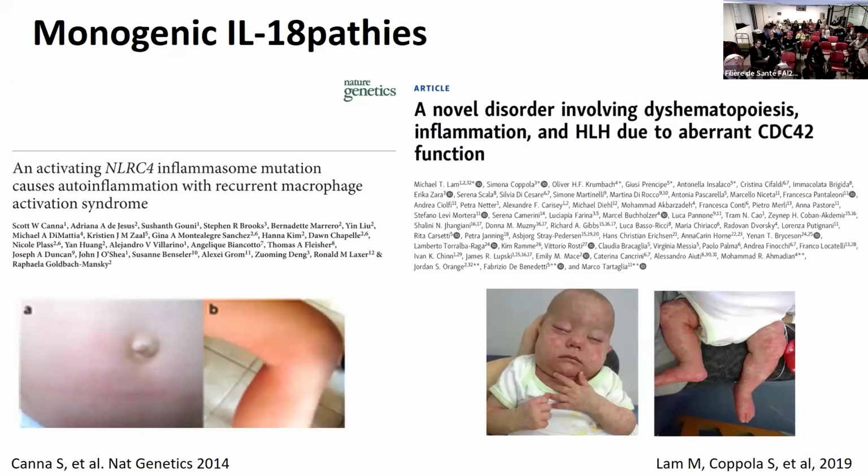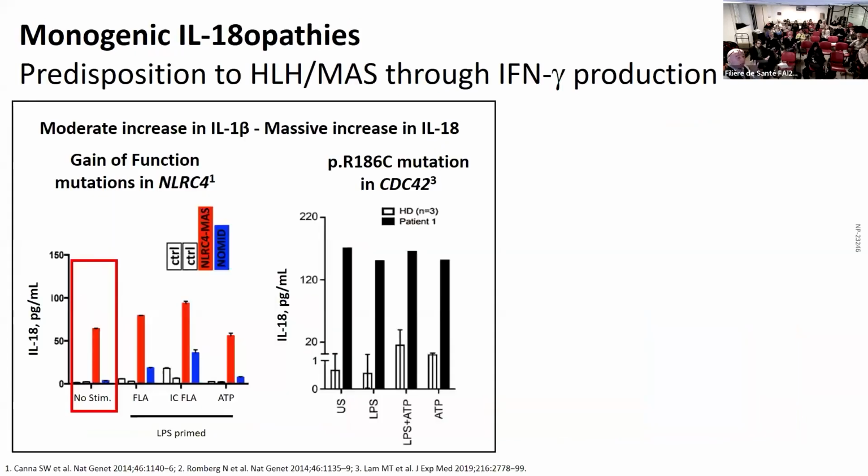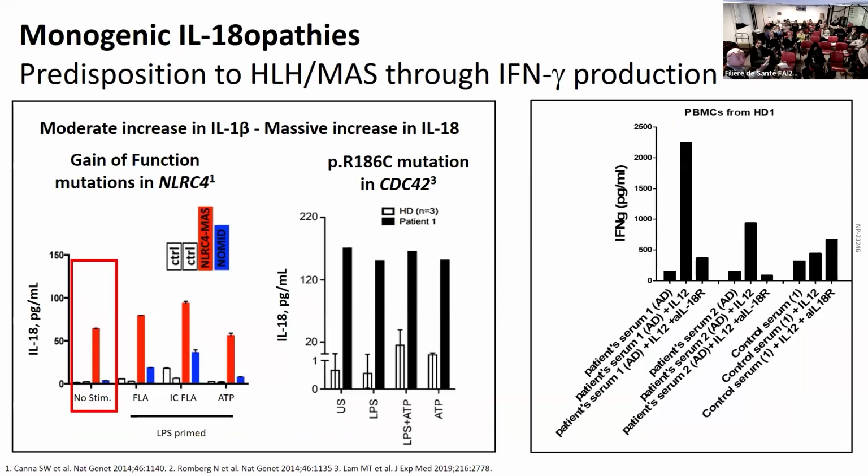The prototypic diseases are the NLRC4 inflammasome gain-of-function mutation and the C-terminal mutation in CDC42. They produce tons of IL-18. Unstimulated macrophages from these human beings produce huge amounts of IL-18, and when they are stimulated, they can't get any higher. They are already at full speed.